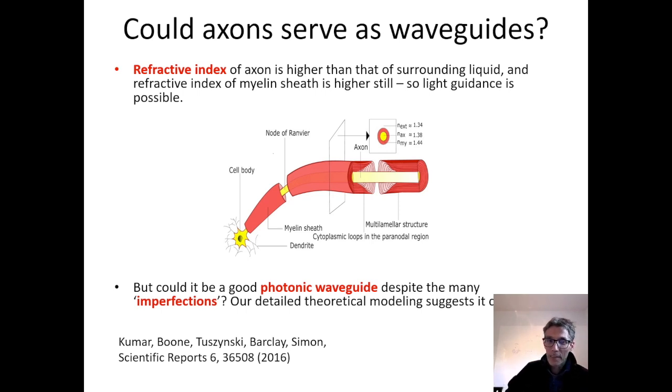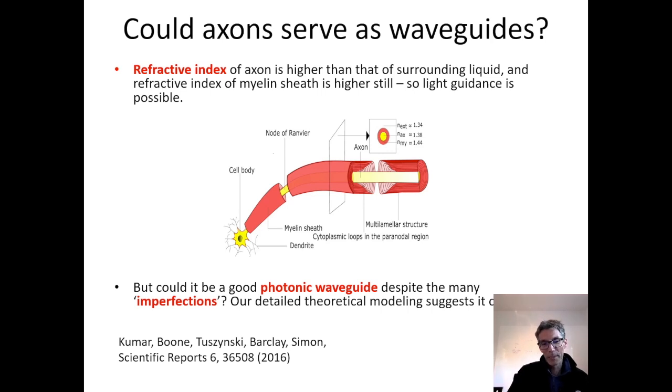And we found that that's encouraging, right off the bat, because the refractive index of axons is in fact higher than that of the surrounding liquid. And if the axons are myelinated, so if they are surrounded by this myelin sheath, then the refractive index is higher still. So light guidance seems really possible. But then the question arises, of course, an axon doesn't look like an ideal optical fiber, so could it really serve as a waveguide despite all these imperfections from a waveguide perspective?